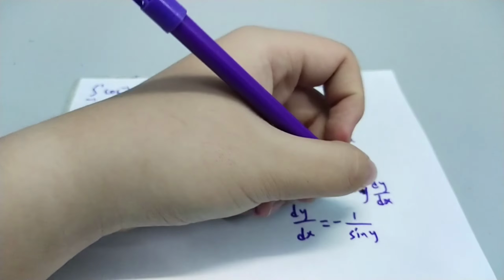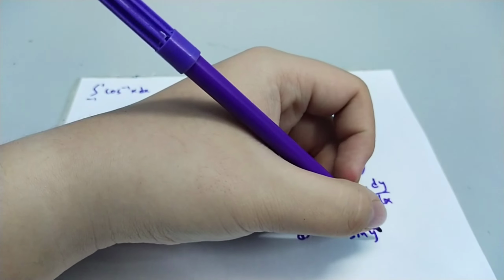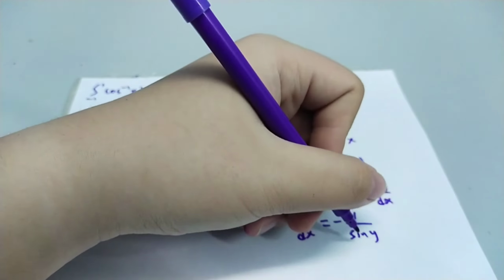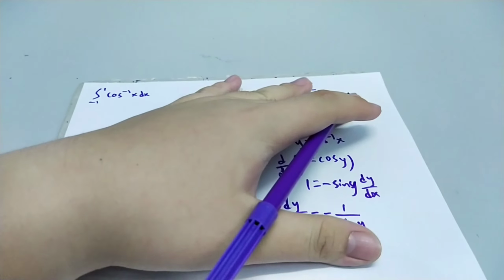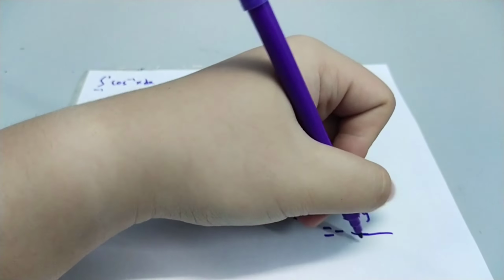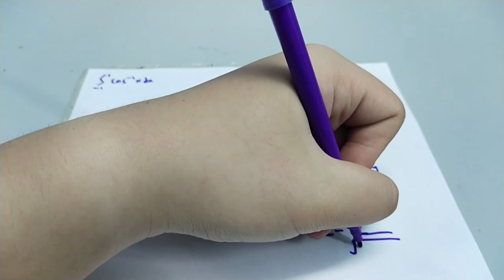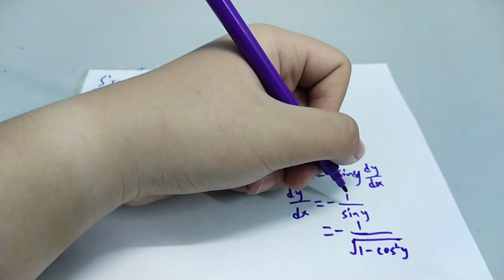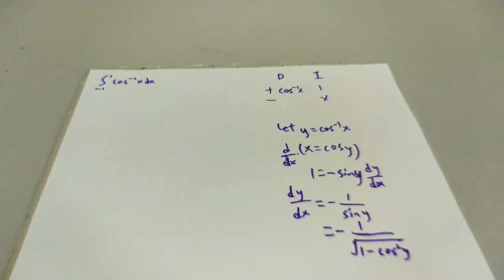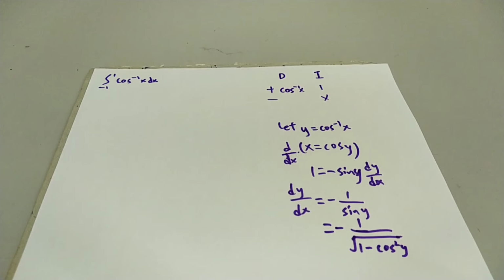And then sine of y is equal to the square root of 1 minus cosine square of y, right? Because you can apply the trigonometric identity, which is sine square of x plus cosine square of x is equal to 1. But since we're dealing with y, you just replace the x with y.